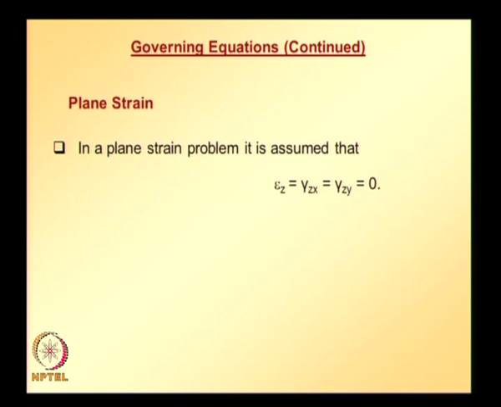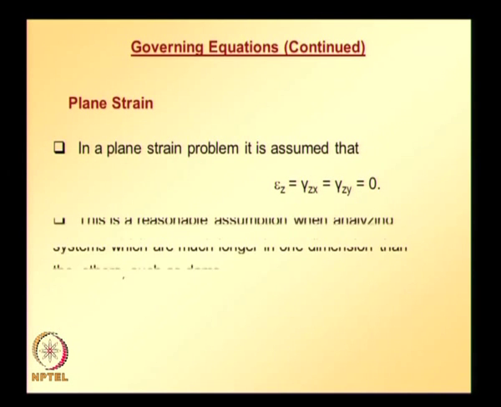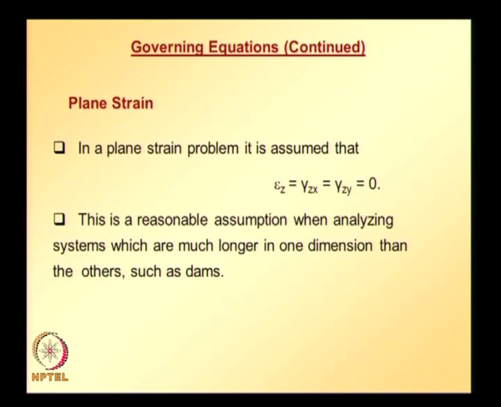Gamma xz is the same as gamma zx, and similarly gamma yz is the same as gamma zy. All these out of plane strain components are going to be 0, and this is a reasonable assumption when analyzing systems which are much longer in one dimension than the others, such as dams.